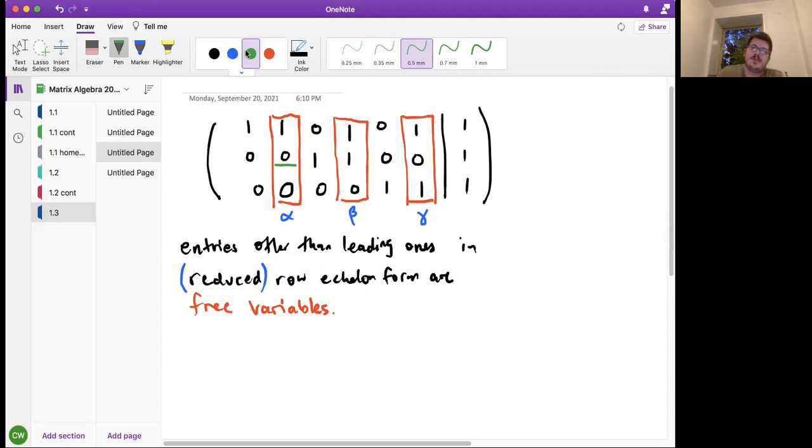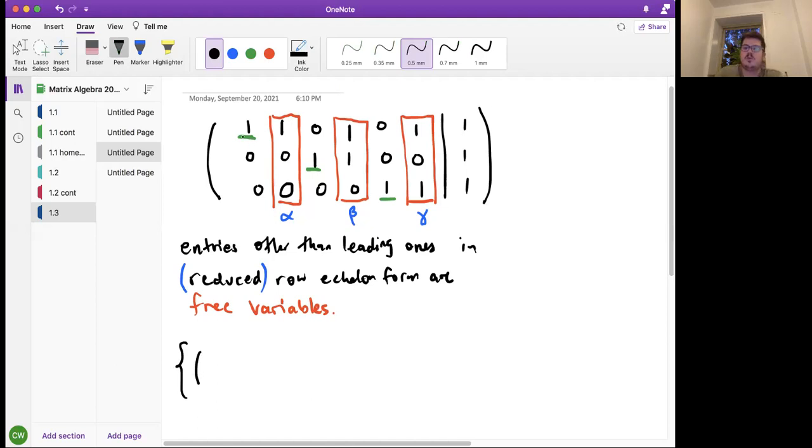So the main idea: leading ones are not free, and the entries that are not leading are free variables.